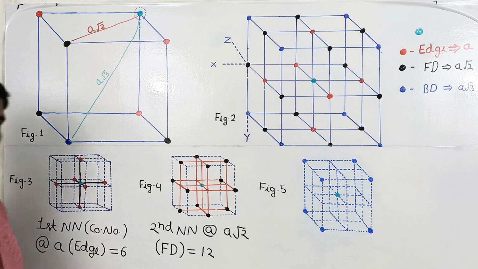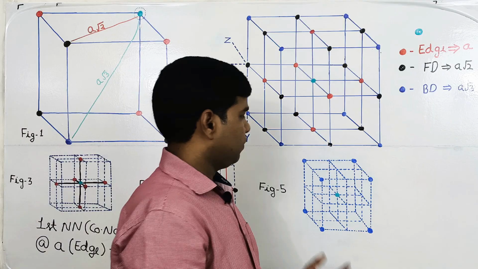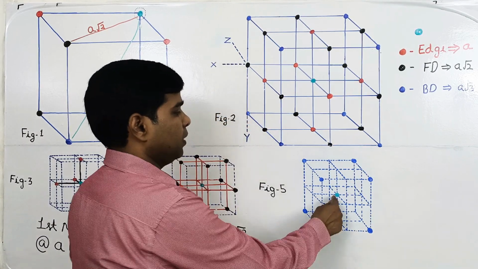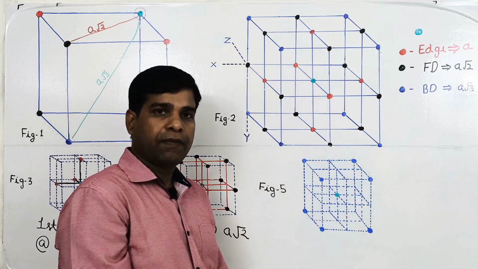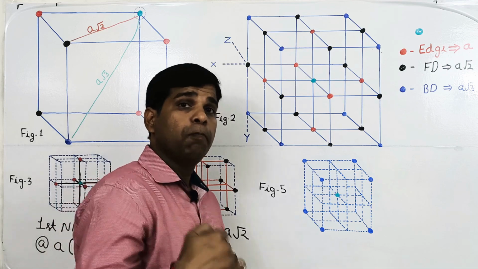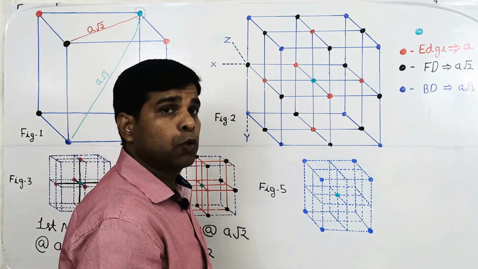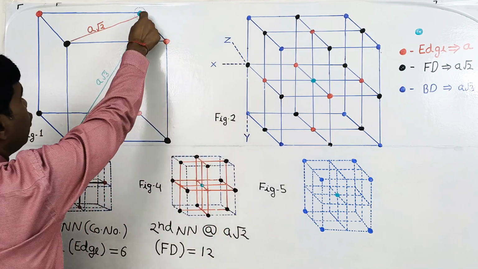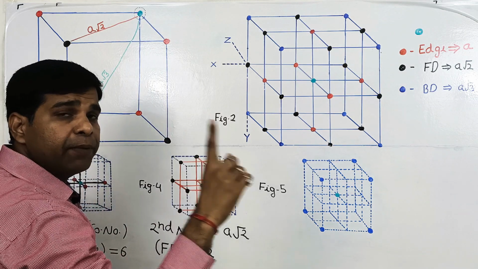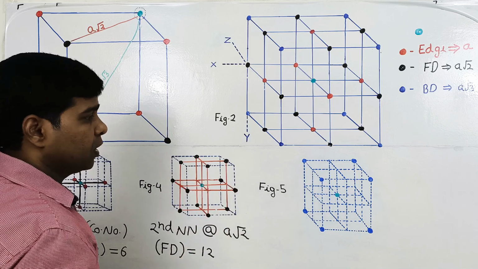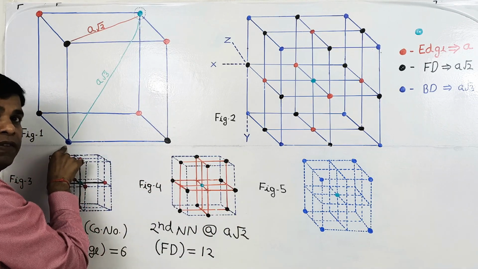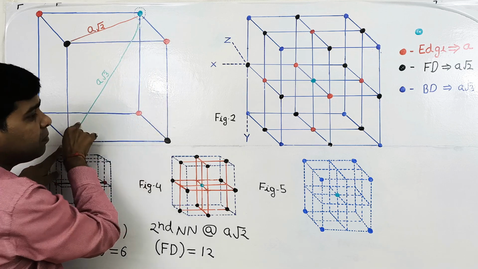Now for the third nearest neighbor we will discuss figure number 5. Again this green particle represents our reference particle and the blue particles are the particles present at the body diagonal. If I join this blue to the green particle, we have one body diagonal of such kind. Means in one unit cell we have one body diagonal of such type.